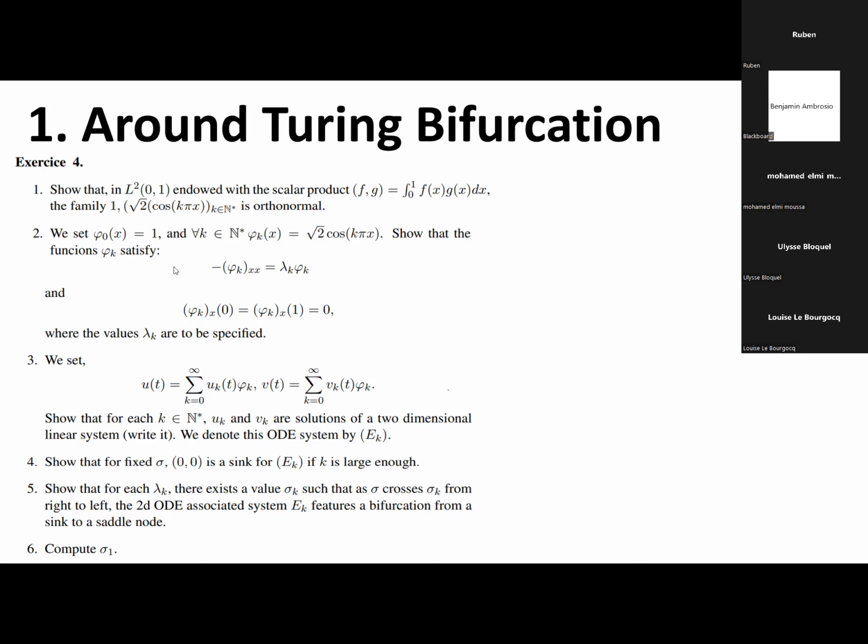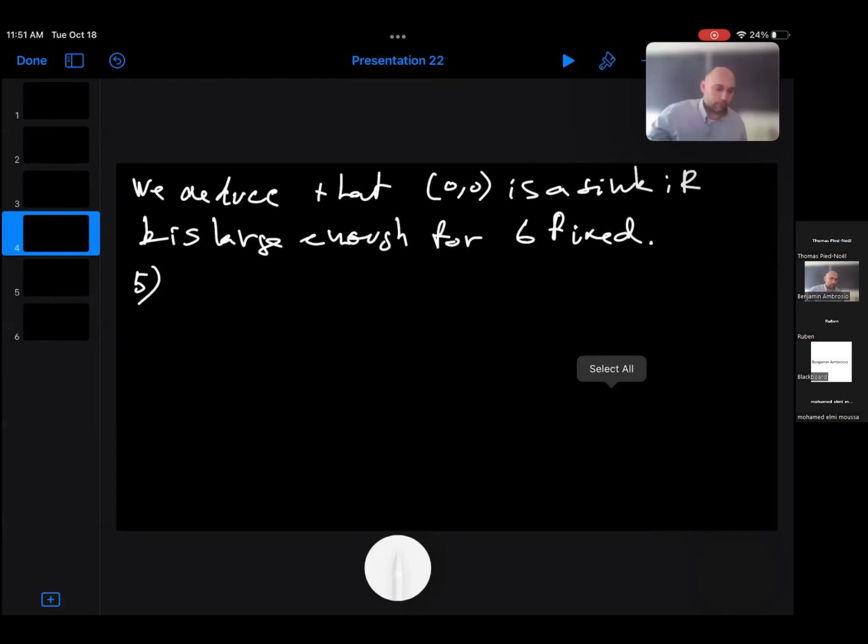So let's think about that. All right, so now we are giving the solution of question 5. So it deals with what's going on when I vary sigma for the system Ek.